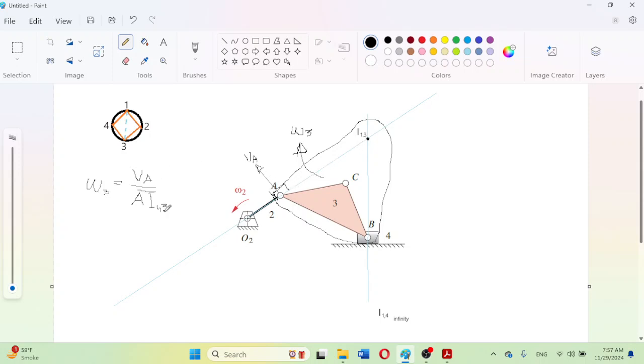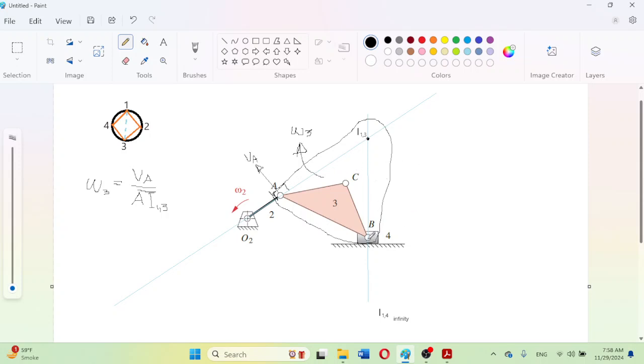That velocity will be divided by this radius to the instant center I1,3, and we will be obtaining the angular velocity in this way. So the angular rotation direction has been calculated at this stage.